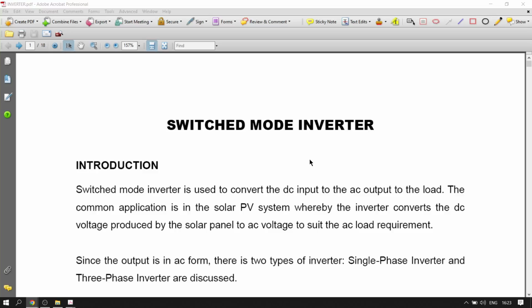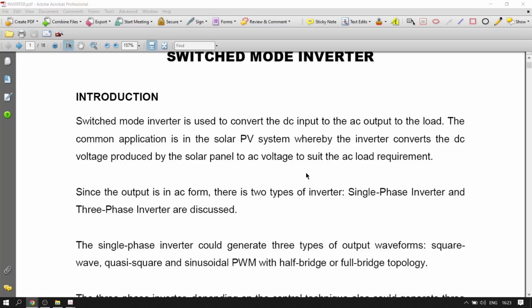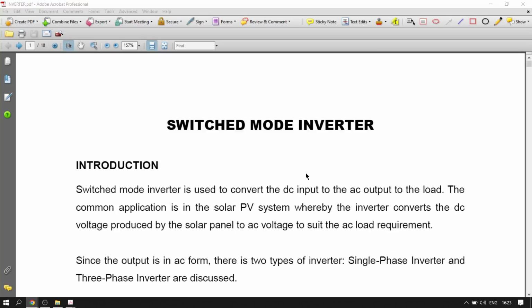The load is, of course, in terms of AC. Therefore, we need some converter that can convert the DC to AC.